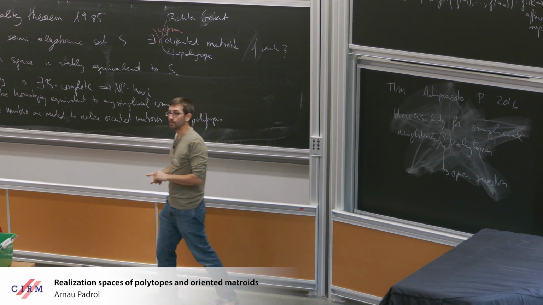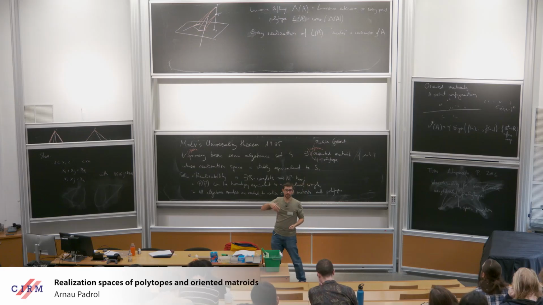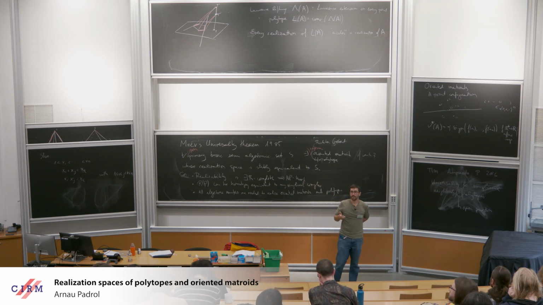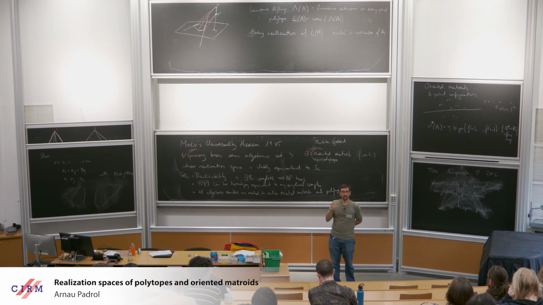Imagine I give you a polytope with n vertices, in dimension d, high enough, and I ask you what is the maximal number of edges that such a polytope could have. Well, in the best case scenario, you have n choose 2, right? Every pair of vertices forms an edge.